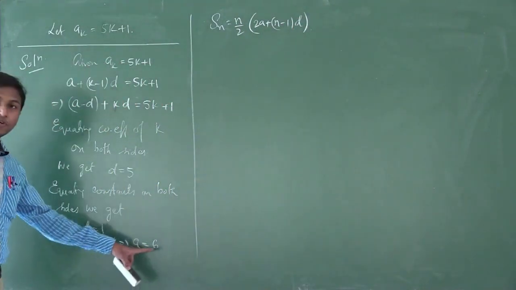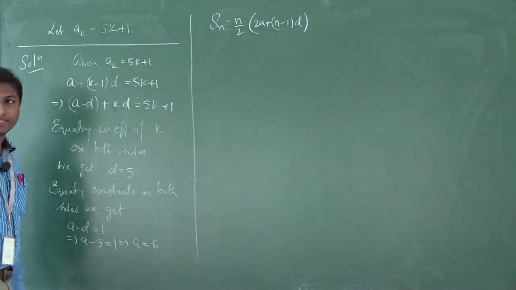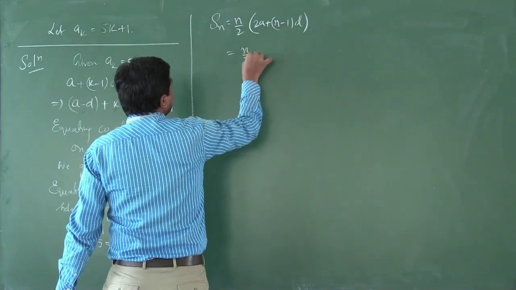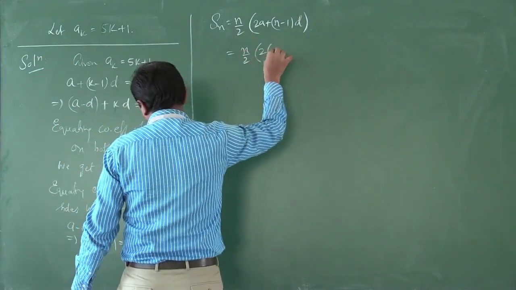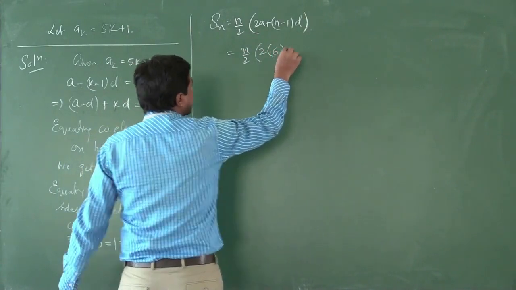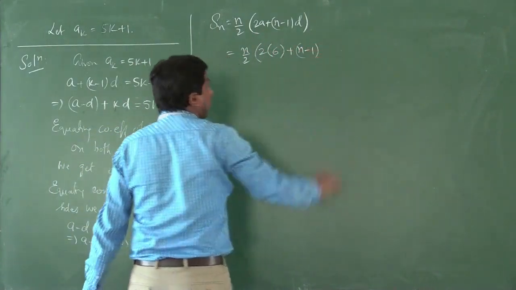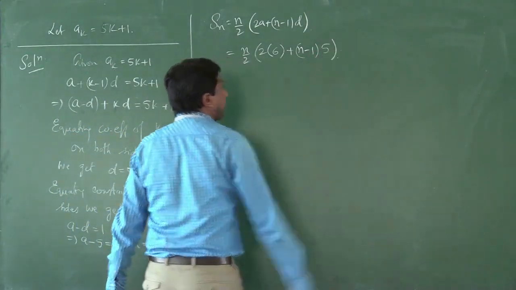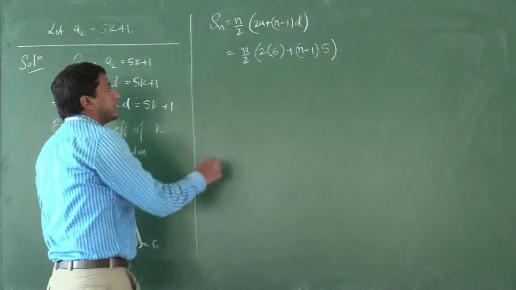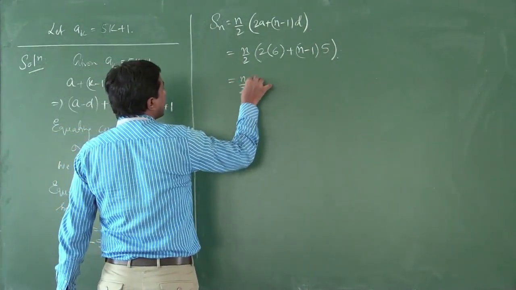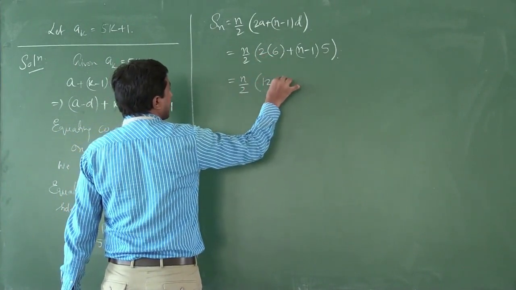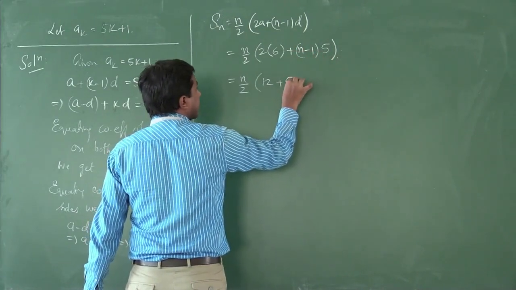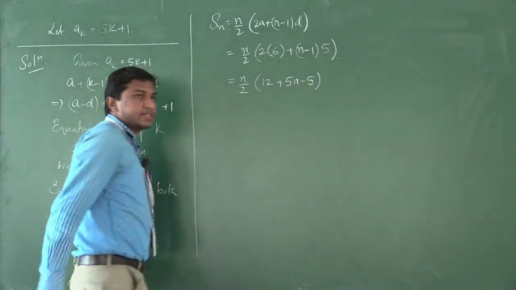We have got the value of a to be 6, value of d as 5. We substitute here. So what happens to this? n by 2 into 2 into a, the value is 6, plus n minus 1 into d. What is the value of d? The value of d is 5. Further simplifying this, what do we get? n by 2 into 6 is 12 plus, I can write this as multiplying 5 with this binomial, I get 5n minus 5.